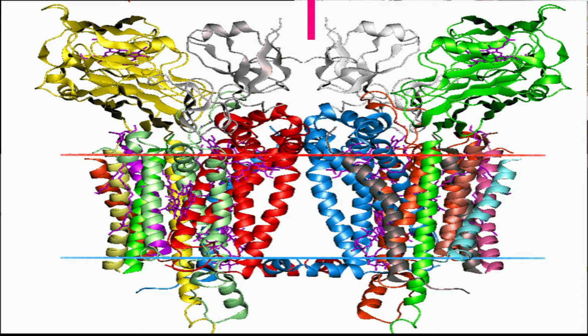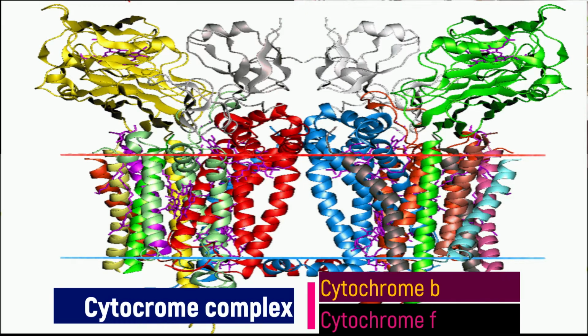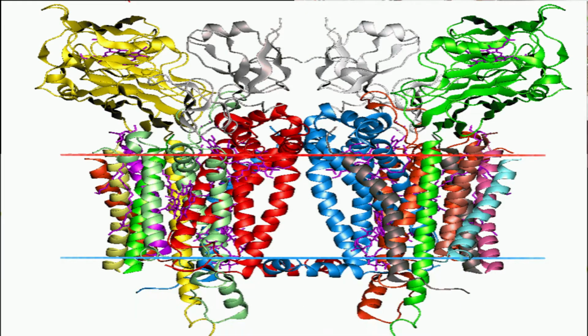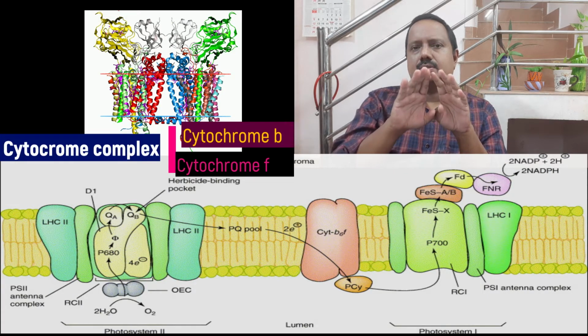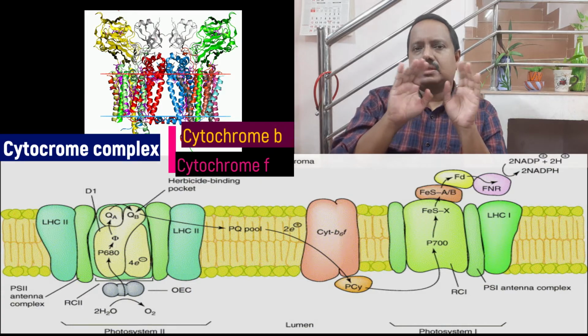Then there is a cytochrome complex. The cytochrome complex contains cytochrome B, cytochrome F, etc. And this organization is the basic structural unit for the light reaction.